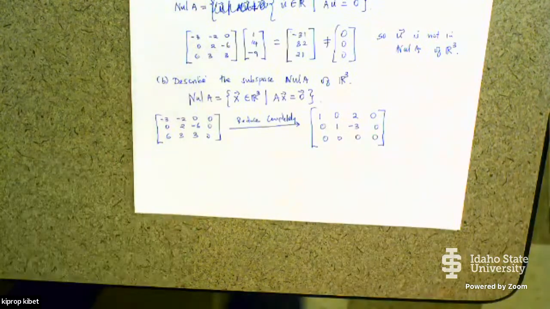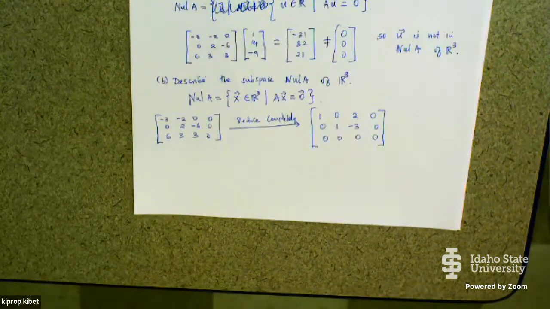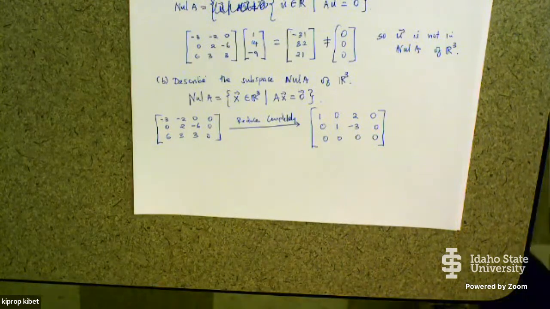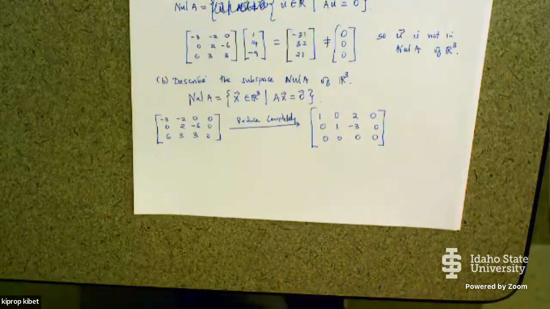That is what you're supposed to get, the reduced echelon form. When you go home and reduce that, that is what you should get.